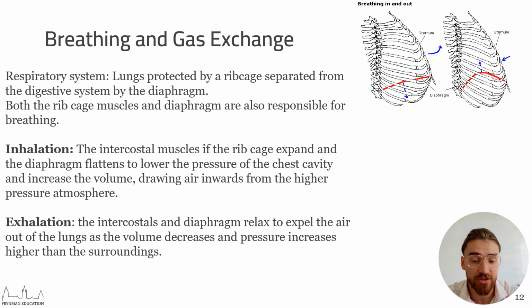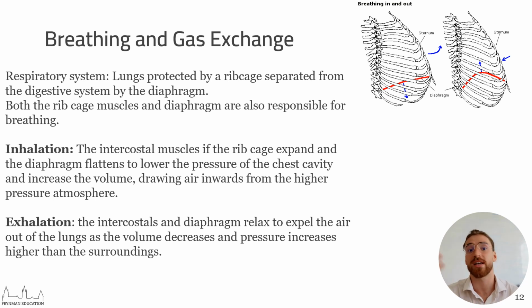Okay. So when it comes to the movement of air, and this happens in the world as well, it moves from a high pressure to a low pressure. Okay. So as we are increasing the volume of our lungs, when we're breathing in, our chest expands outwards, our diaphragm flattens, and this is going to decrease the pressure in our lungs and increase its volume.